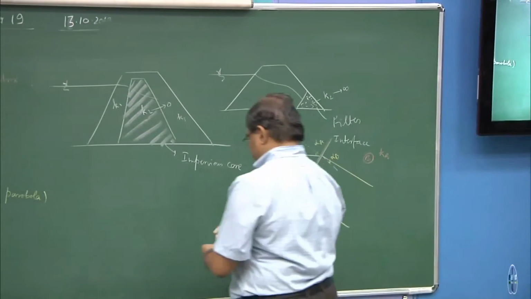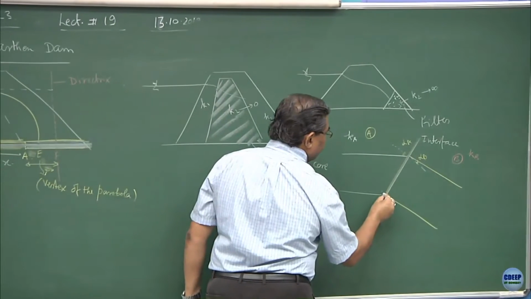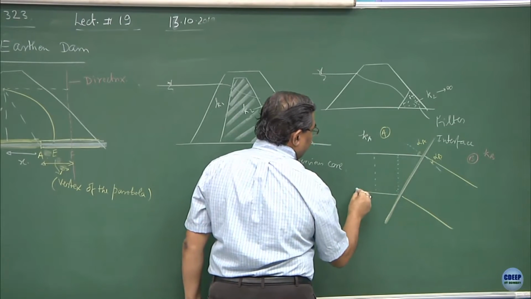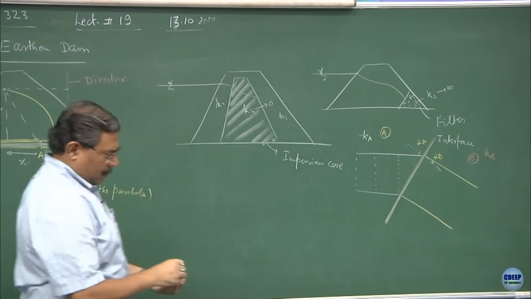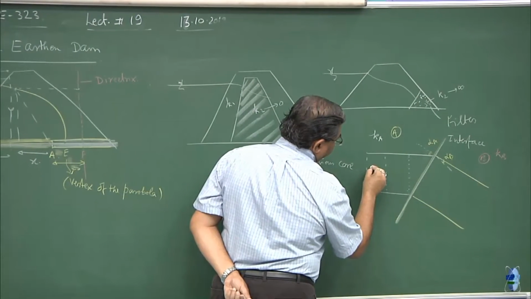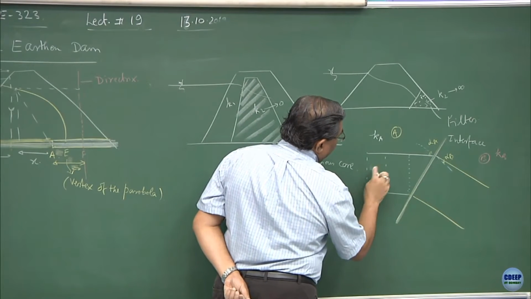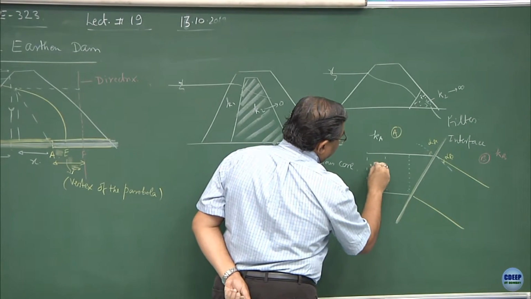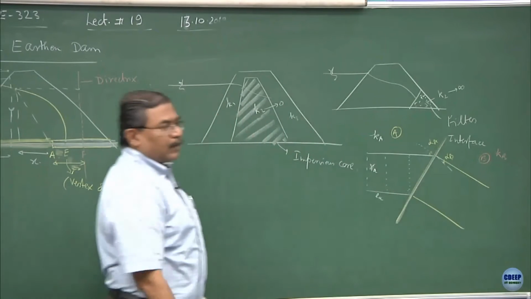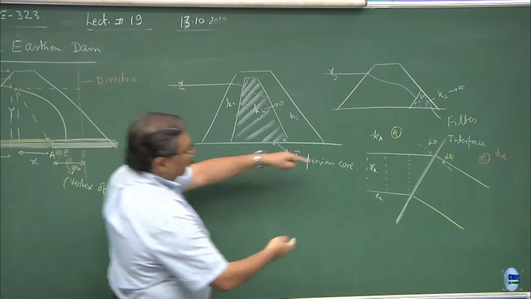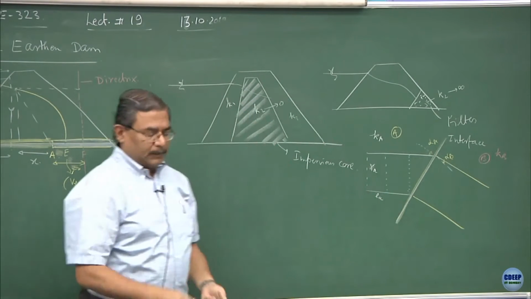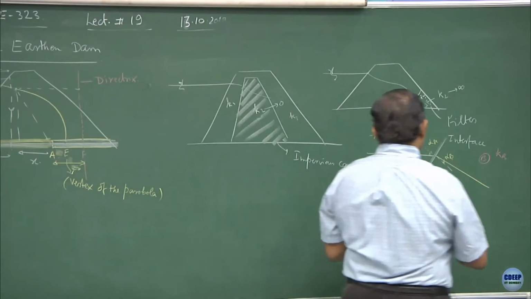I will show the interface as a thick line. I can draw the flow nets. This is the first equipotential line, second equipotential line, third equipotential line. I can assume this to be, let us say, x, y A, L A. So, Y A is the width of the channel, L A is the length of the channel. Same thing can be done over here also.